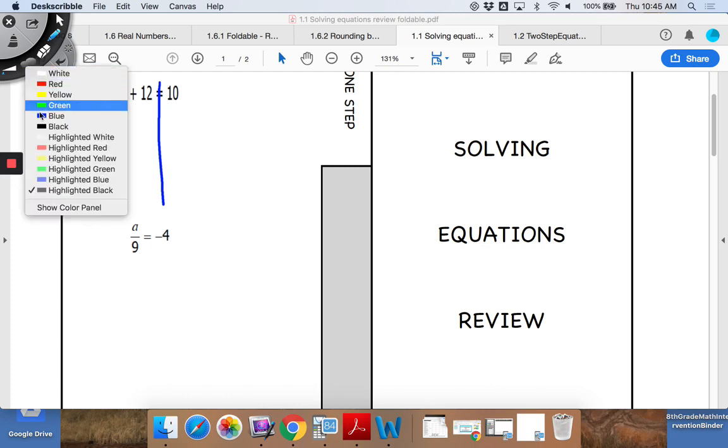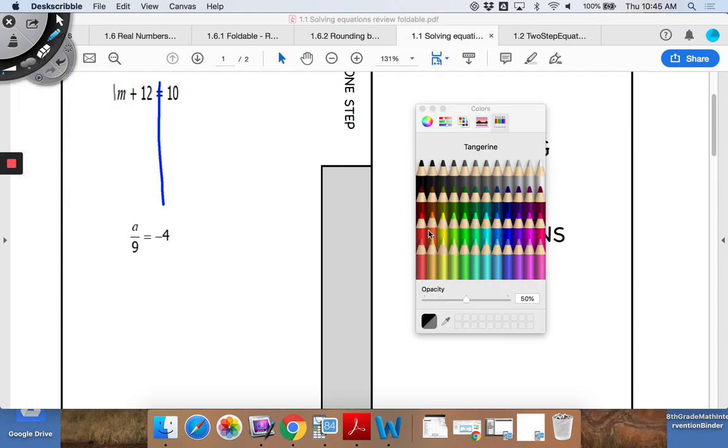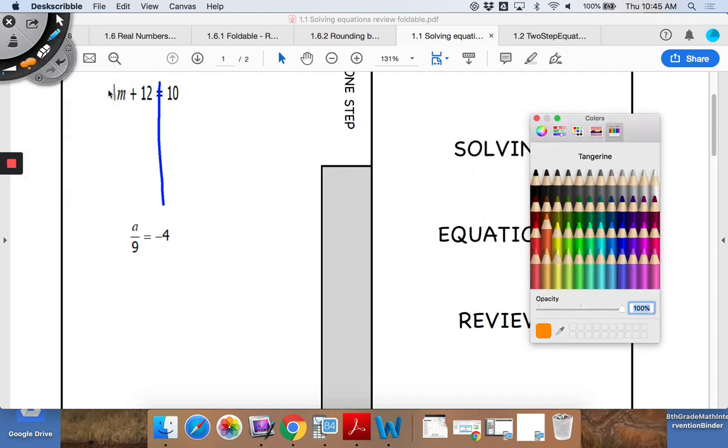So when we start solving our equation, the first thing that we're going to do is we identified this is the variable. You guys did that well, and I think I circled it or whatever, right? My goal is to get the variable or the letter on one side and all the numbers to the other side. But in order to move across that line, we have to do the opposite operation.